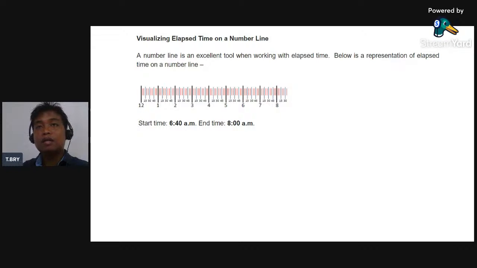The first thing that we did was finding elapsed time by subtraction. Now we are going to find elapsed time using a number line, another way of finding elapsed time.